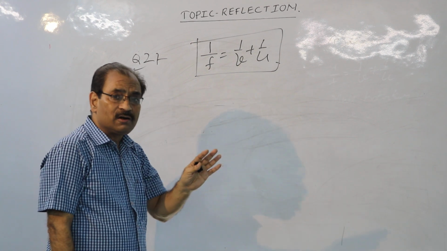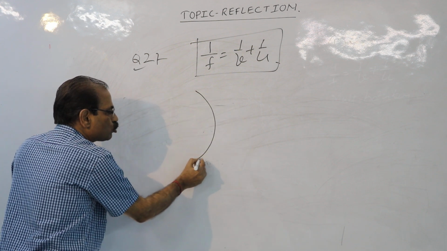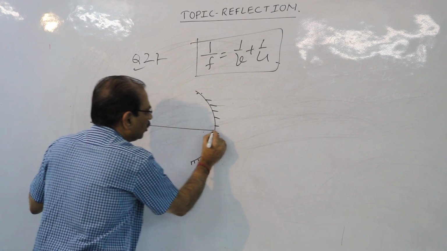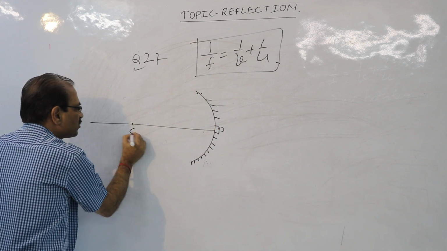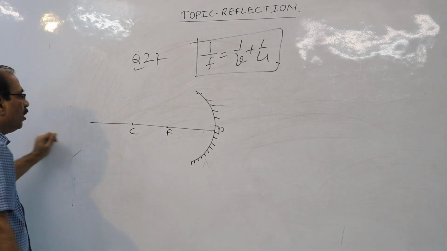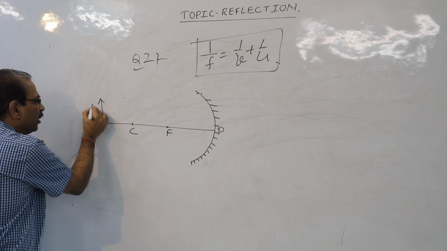So for the hint I am giving, for concave mirror, you are supposed to make the diagram. This is going to be the concave mirror, this will become the pole, the center of curvature, and right in between, the principal focus. Children, you take an object called AB here.